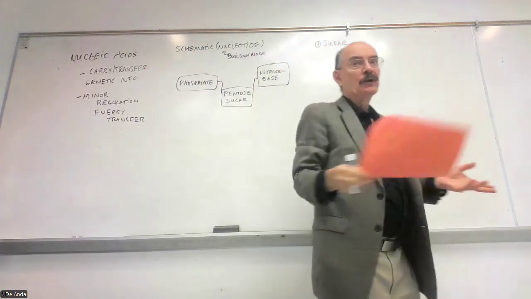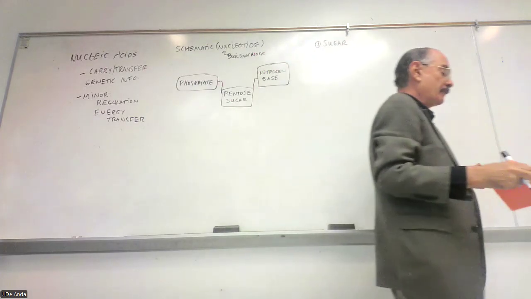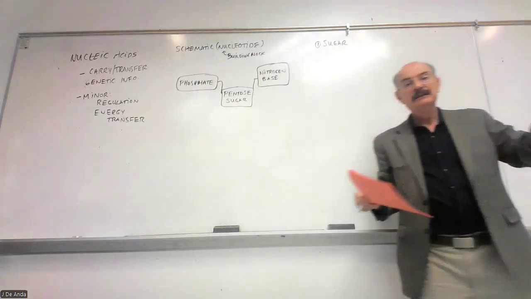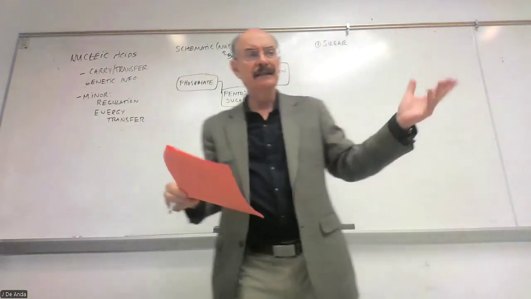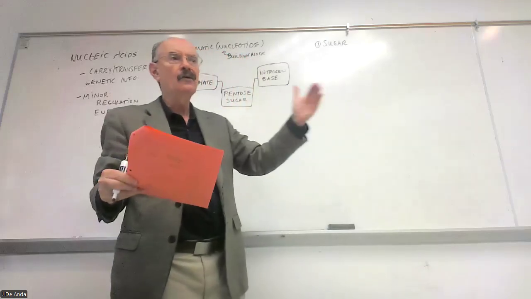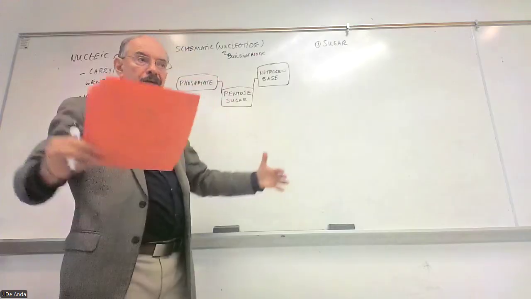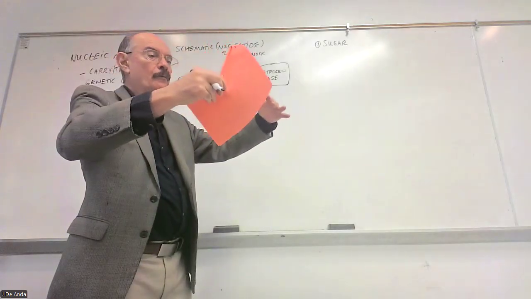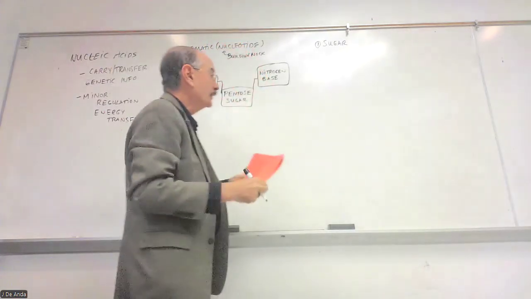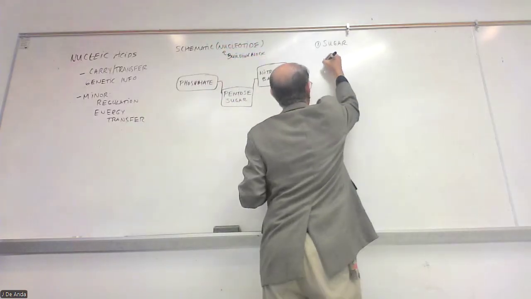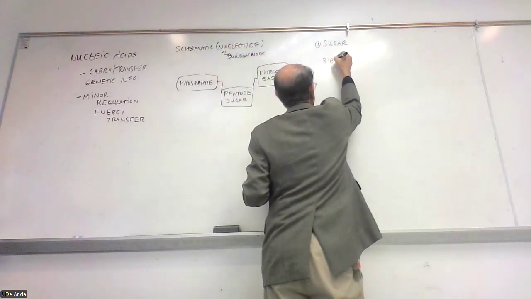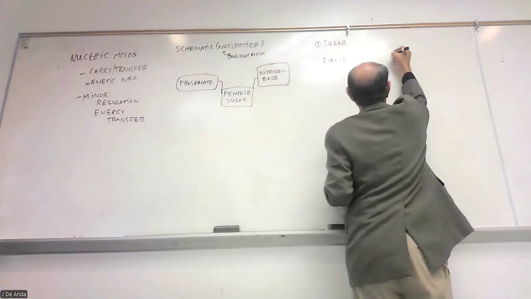Remember that sugars are compounds that mainly have a carbonyl and a hydroxyl group, right? So they're kind of like either aldo alcohols or keto alcohols. And remember that they have this ability of folding around and forming a ring structure. The two that we're going to talk about are called ribose and deoxyribose.